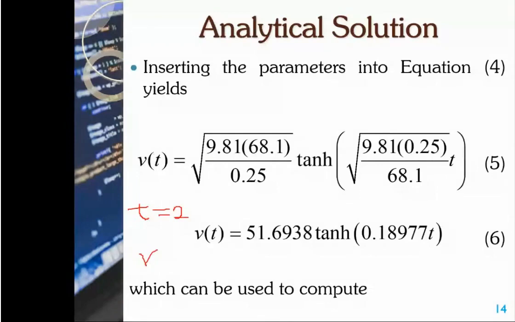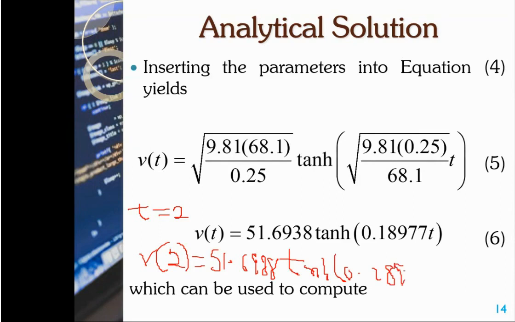Our velocity at time t equals 2 will be equal to 51.69338 times the hyperbolic tanh of 0.1897 times 2.